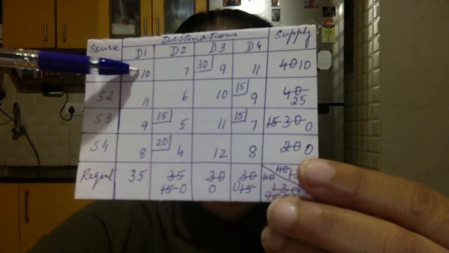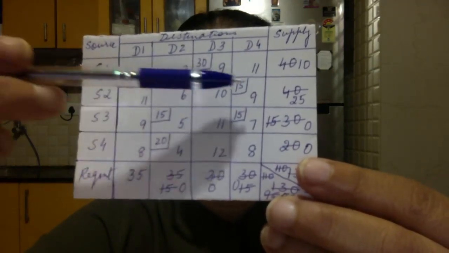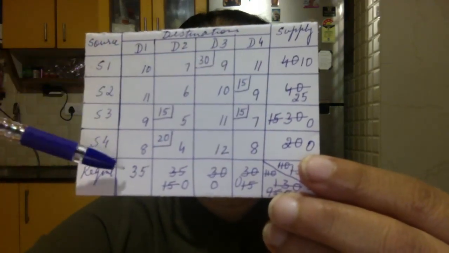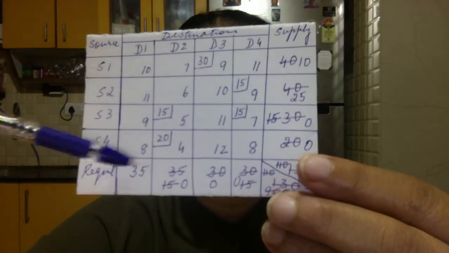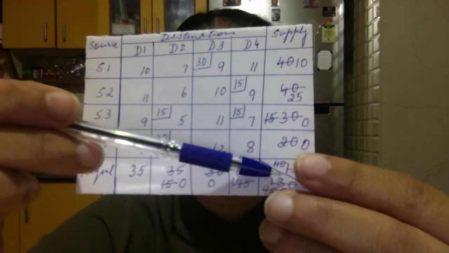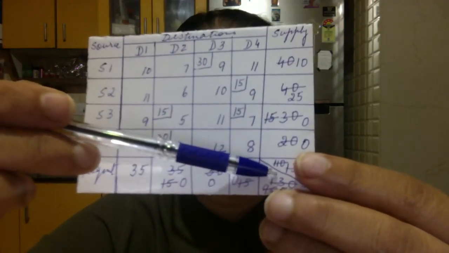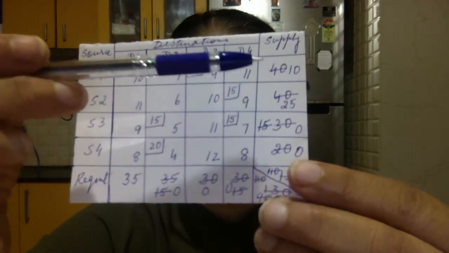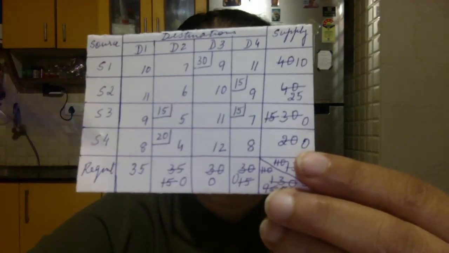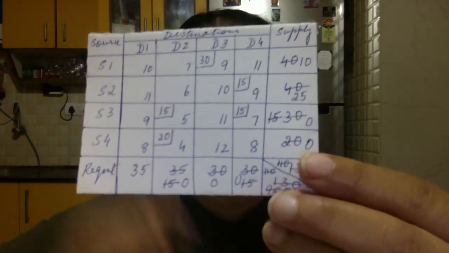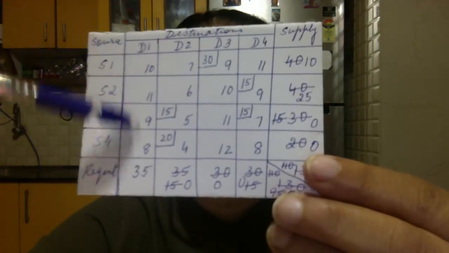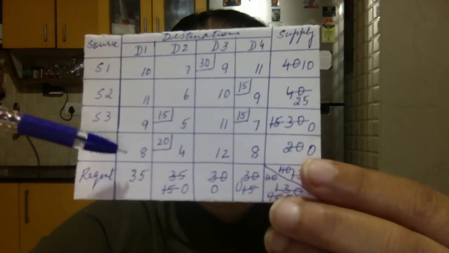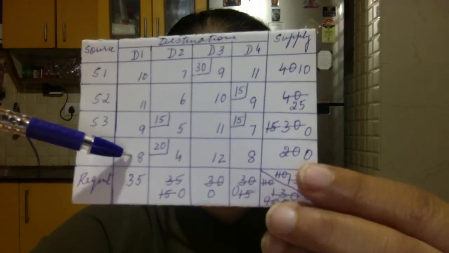The least is 10, so I am allocating here. I have to allocate 10 here from this 35. Grand total has become 35 now. If you see, this is 25 plus 10, 35. Here also 35. I can allocate only to D1. In that 8 is the least, cannot.